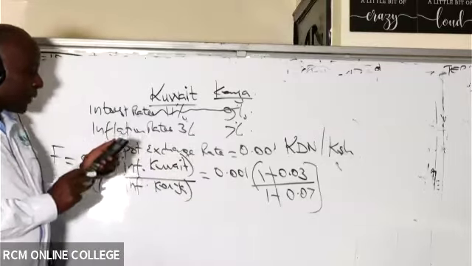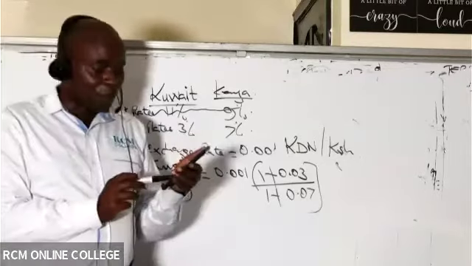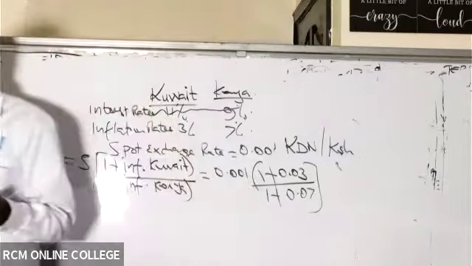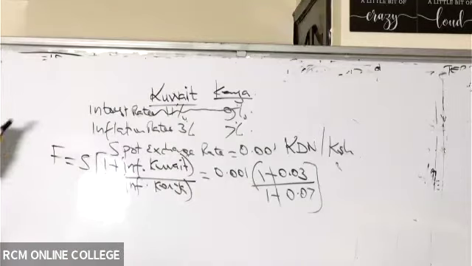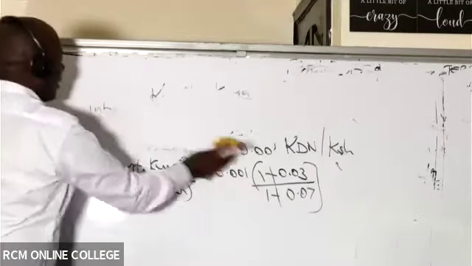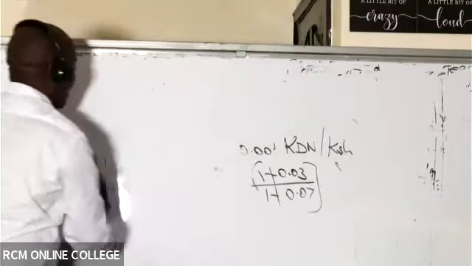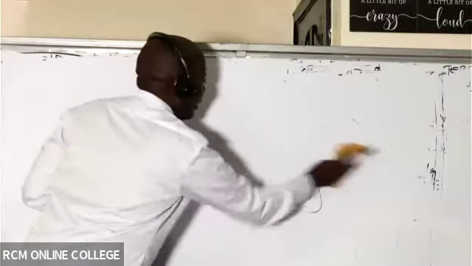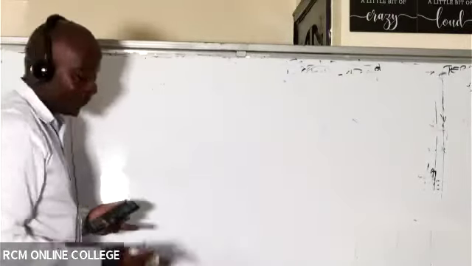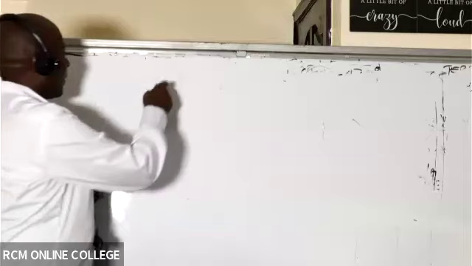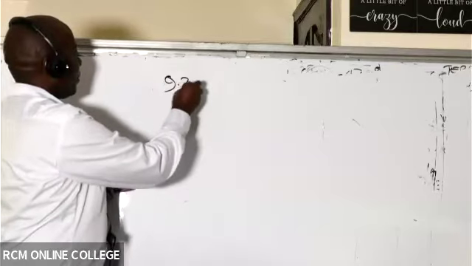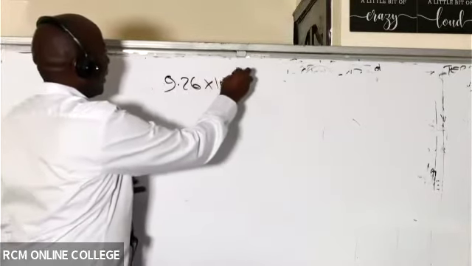I'm getting something very funny, 9.626, 9.626. This is what I'm getting. (9.26 times 10 raised to -3).